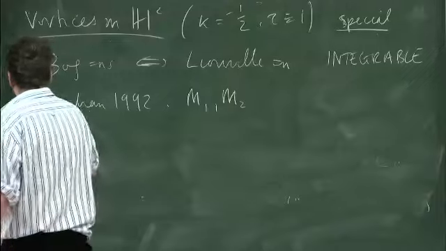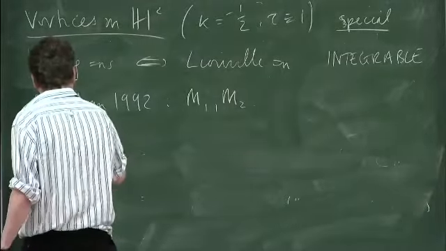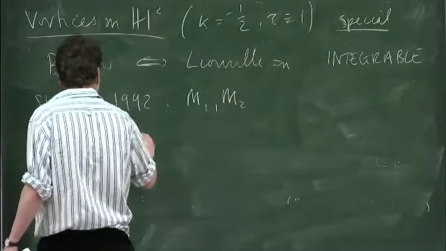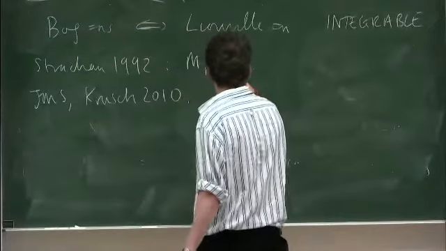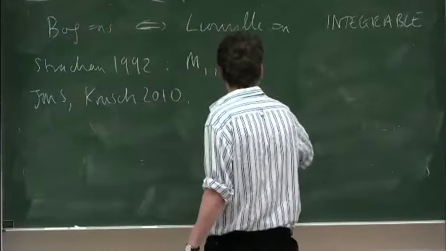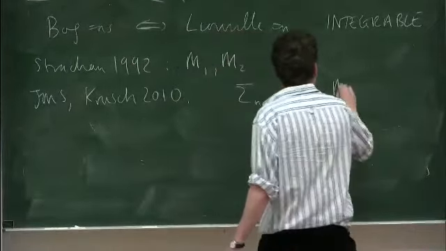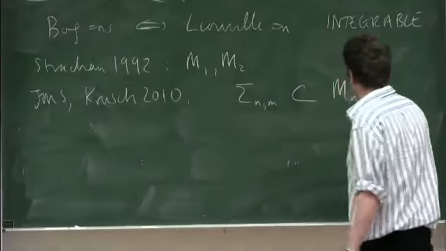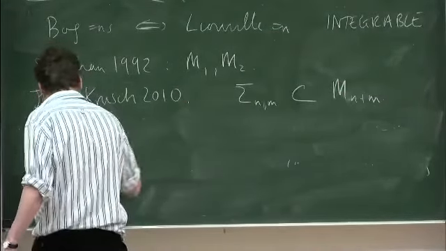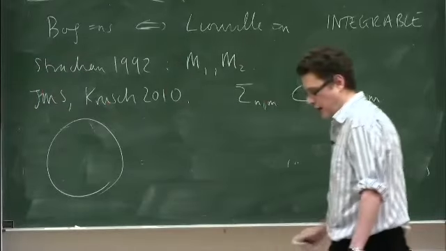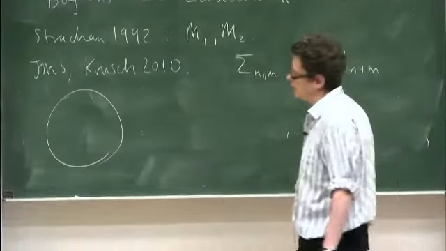So this is an observation by myself and Stefan Krusch from last year. So you can define totally geodesic disks in the n plus m moduli space on the hyperbolic plane. So let's just use the Poincare disk model of the hyperbolic plane.